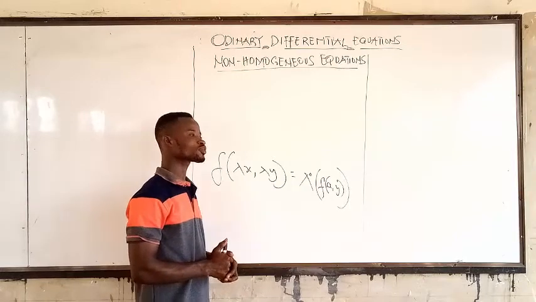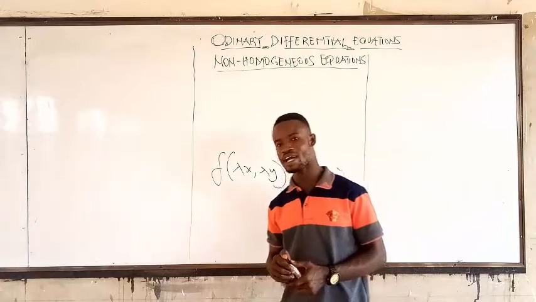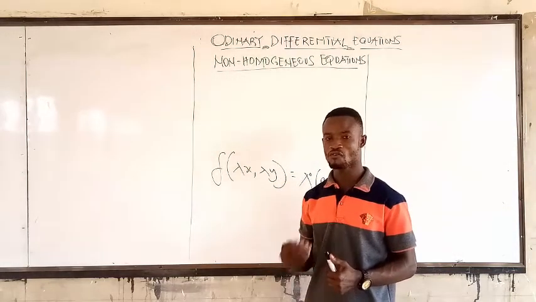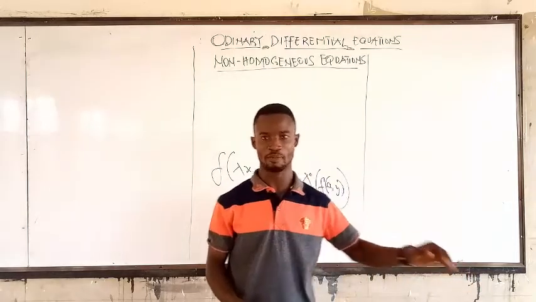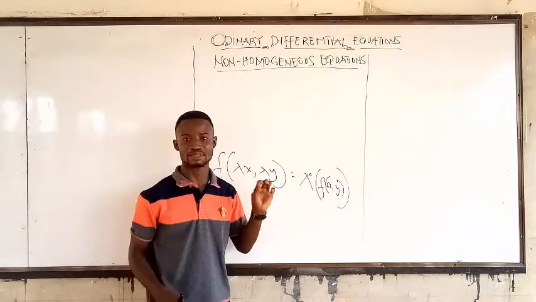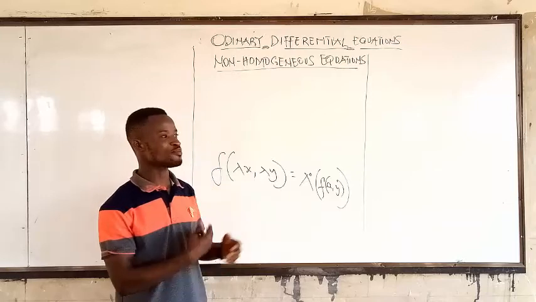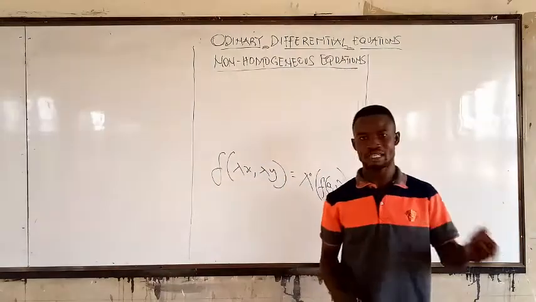Alright. Now, one thing to take note of is that when a differential equation is given for you to solve, don't forget that we first looked at separable differential equations. That was the first method in solving a differential equation. The second method that we looked at is, what if it's not separable?